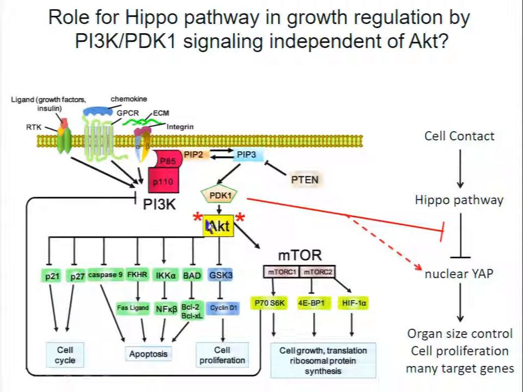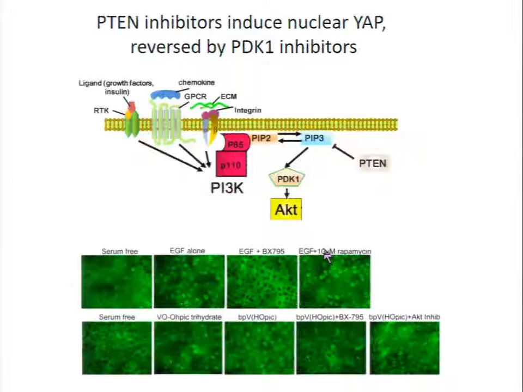But as I said, we don't think that either AKT or mTOR are involved in this regulation of the Hippo pathway. So we now think that the PDK, PI3 kinase pathway also has a branch where it regulates growth through regulation of the Hippo pathway. And I think that's going to be important to explore in many different contexts as a new branch of this pathway.